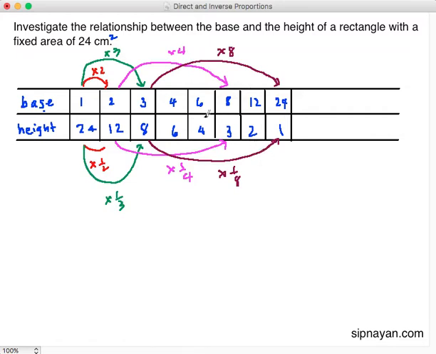Okay? So, yung observation natin dito is that habang minumultiply natin yung isa ng a certain quantity n, nagmumultiply naman natin dun sa katapat niya ng 1/n.